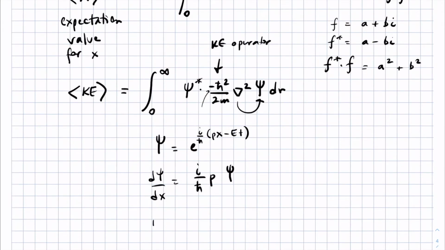And then if you take the second derivative of that, you get minus p squared over h bar squared times the wave function. So if this were our wave function and we put it in there, the minus sign that we get here would be canceled out by there, so we'd have a positive number.